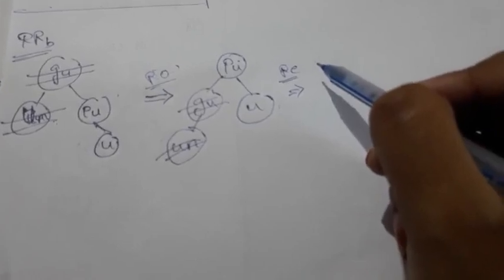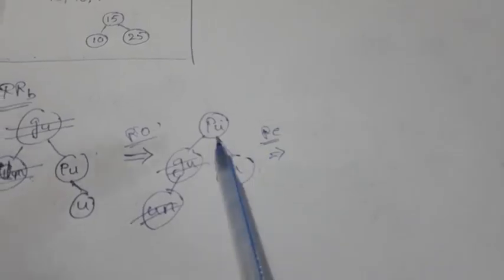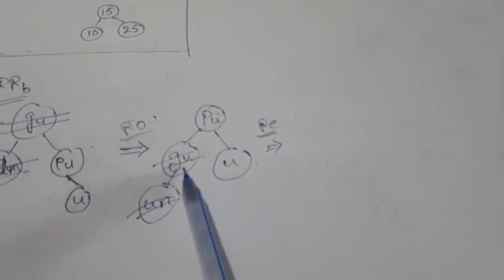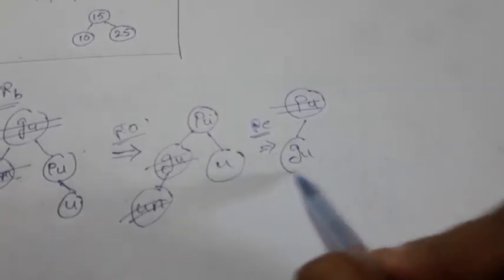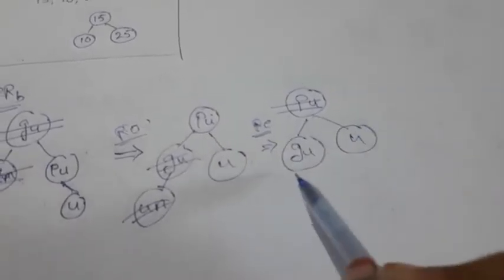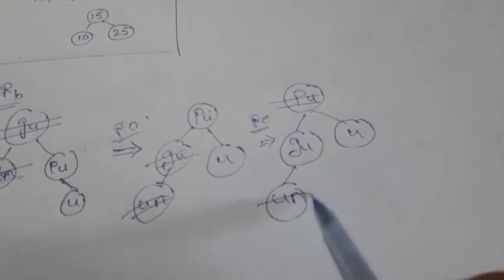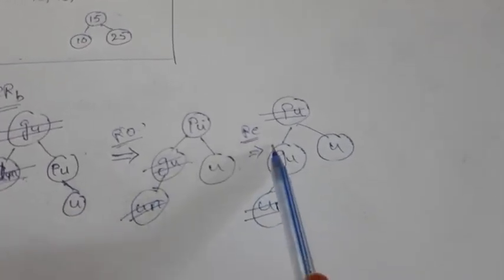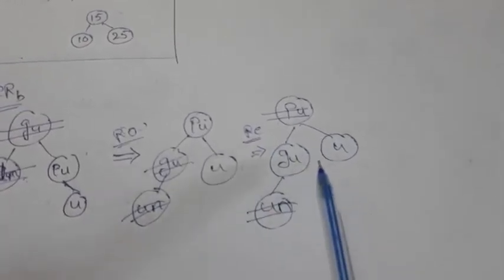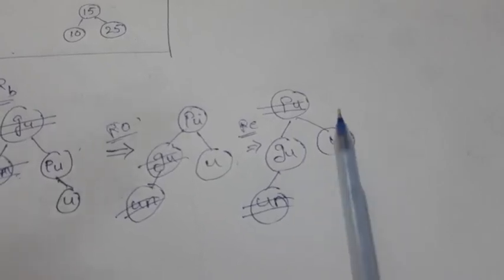I change PU to black and GU to red, and the remaining colors stay as they are. This is the transformation. I have applied both the rotation and the recoloring techniques, and here I am not getting two consecutive red nodes.